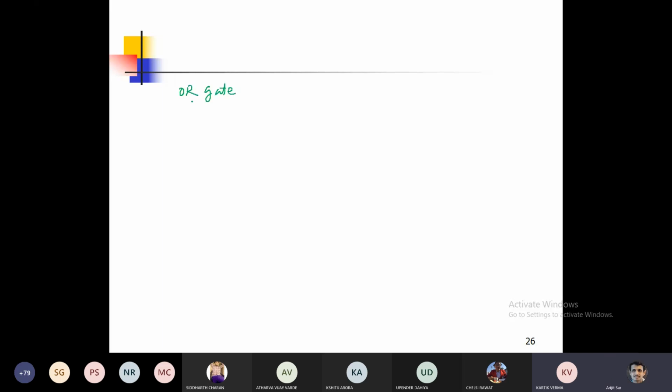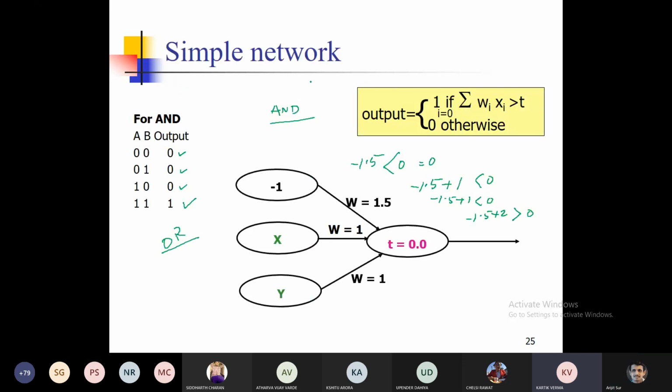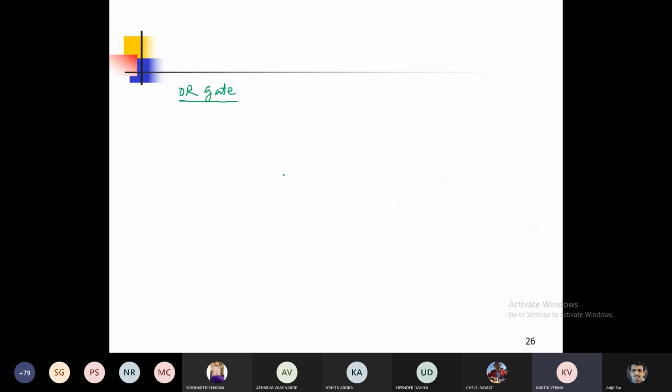Please do it yourself, and at least somebody say the answer. Let's say this is minus 1, you can put it minus 1. What is the bias? Minus 1. What is W?